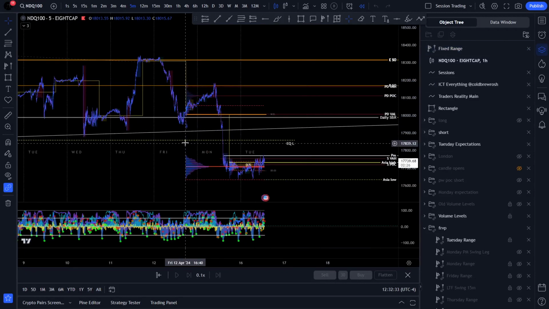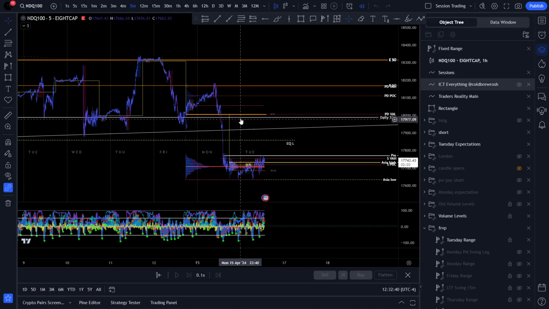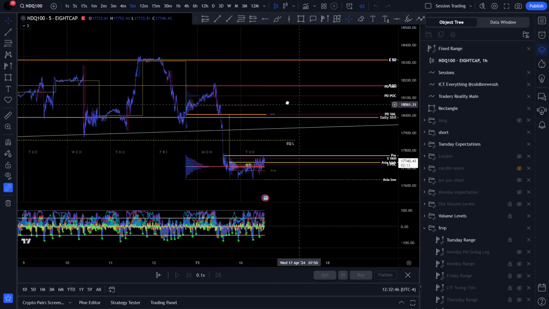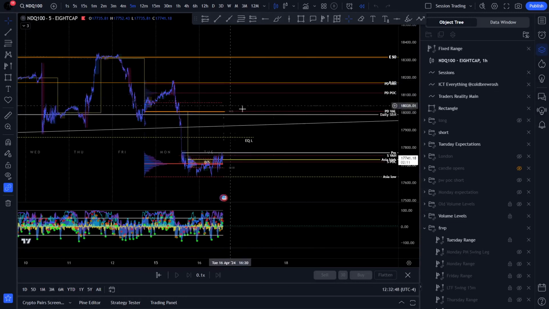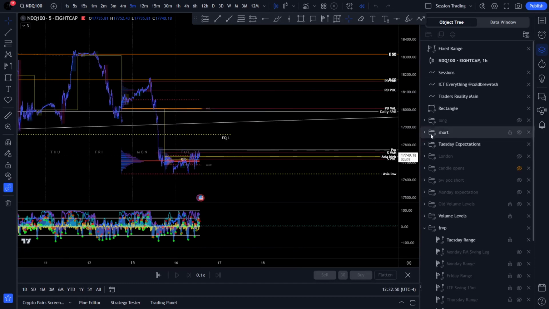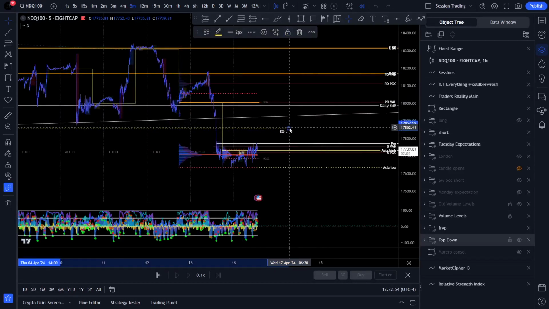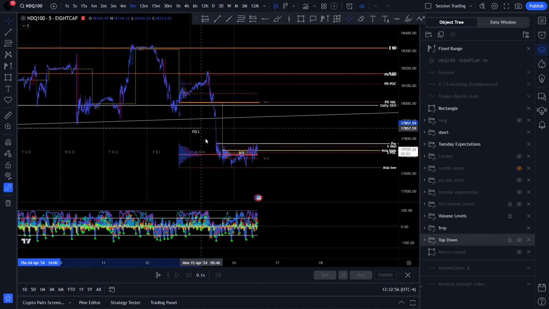But you can see we have very low volume nodes. So these imbalances up here are going to get filled at some point, I would imagine. And we've got our developing weekly value area high there to take a look at, which is right in the middle of the cluster of our previous day value levels. So, handful of levels to take a look at and watch throughout the remainder of today and the week.